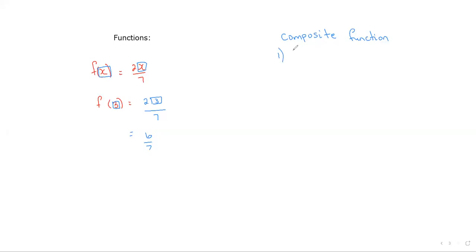So let's say they gave you f of g of 1, where f of x is equal to x plus 5, and g of x is equal to 3x minus 1. Find f of g of 1.